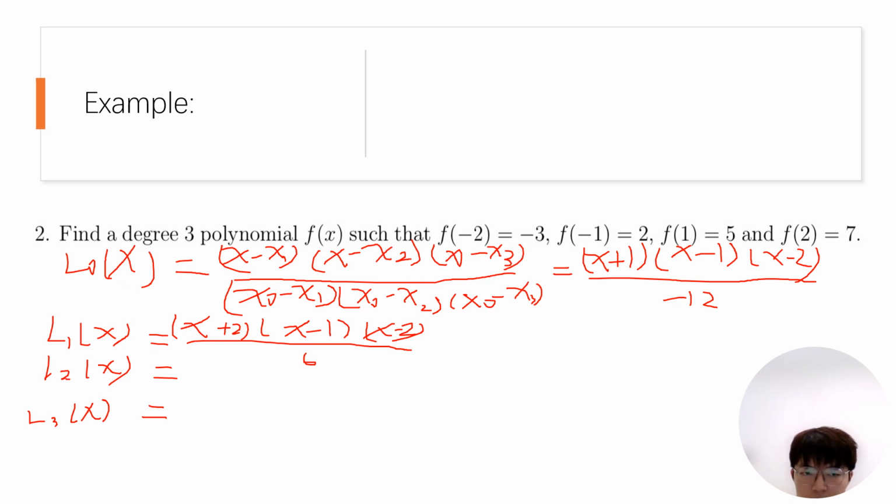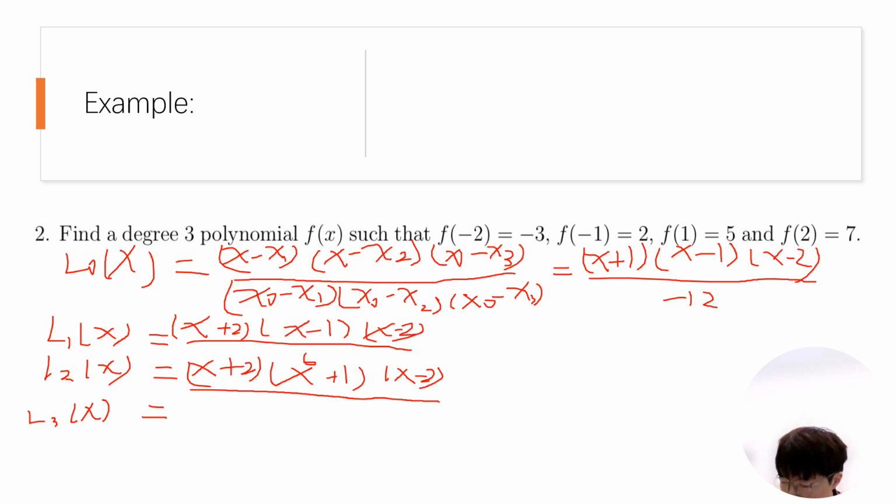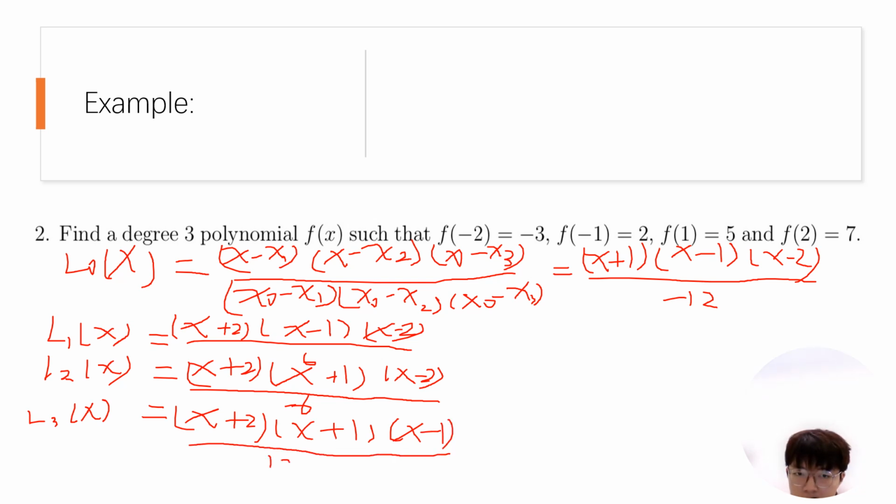L2(x) is (x plus 2)(x plus 1)(x minus 2) over minus this, and L3(x) is (x plus 2)(x plus 1)(x minus 1) over 12.